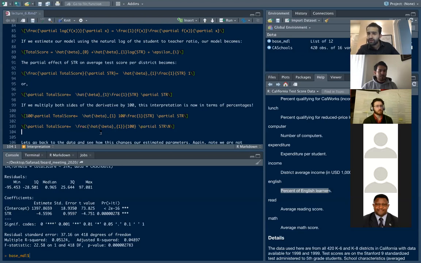We're only changing our x variable to be in log form. What you're describing is a log-log model. We'll take the log of the dependent variable and a log of the independent variable. That'll basically give us the percent change in the student-to-teacher ratio. What's the percent change in the test results? Yeah, exactly. You can do that as well, right?